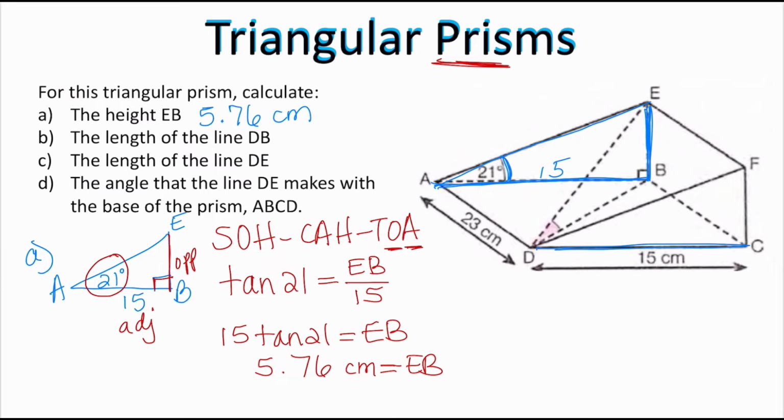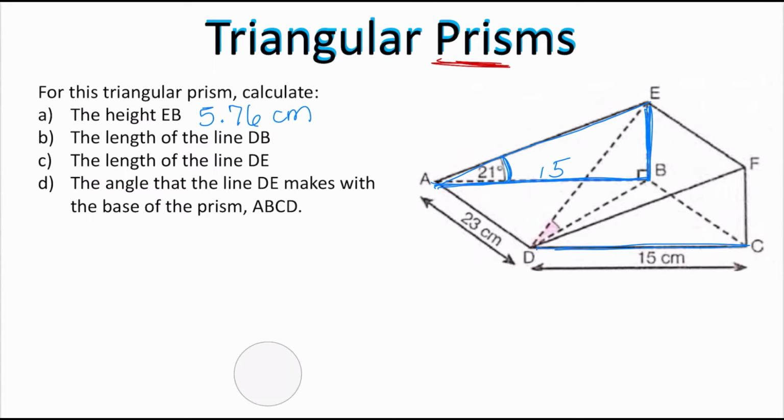Let's take a look at the second part of this question, part B. In part B, it says to figure out the length of line DB. Okay, I'm going to go ahead and erase what I have done for part A so that we can look at this clearly again. In this particular case for part B, we're looking for the length of the line DB.